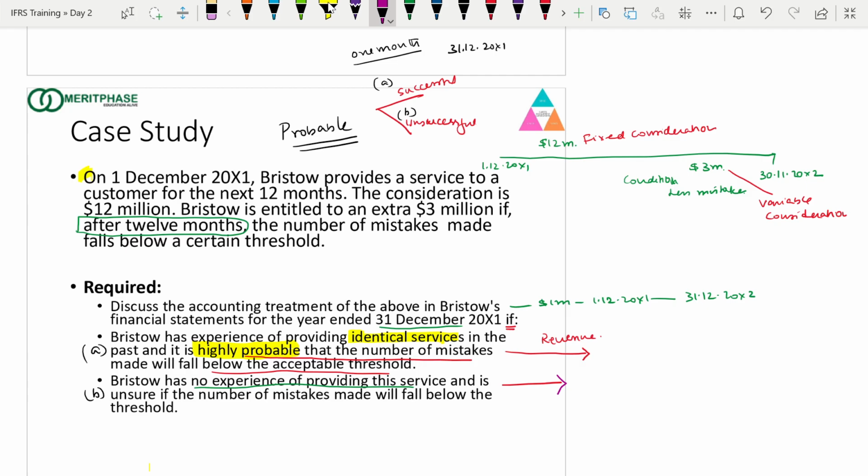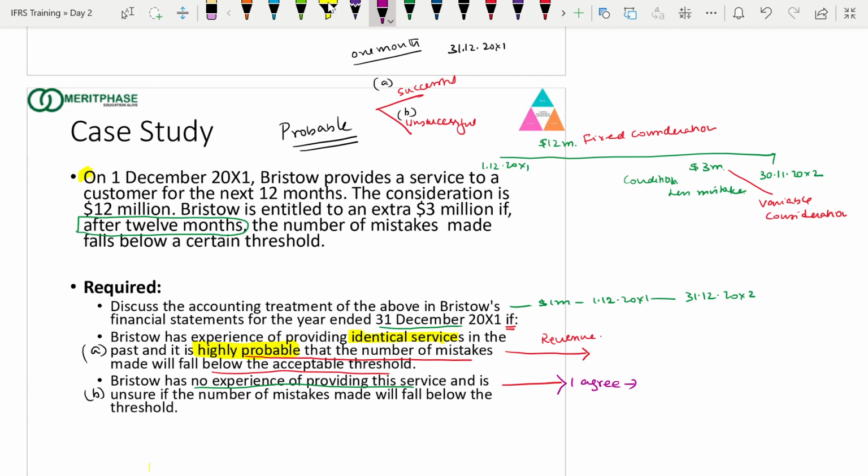For part B, of course, it will be at the end because they are unsure about it. I'm saying for part B, where they don't have experience of providing the service, it is better not to recognize any variable consideration during this period. I agree.